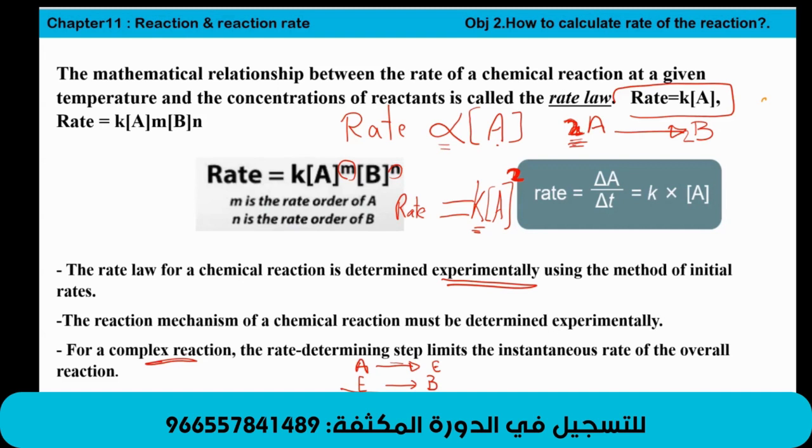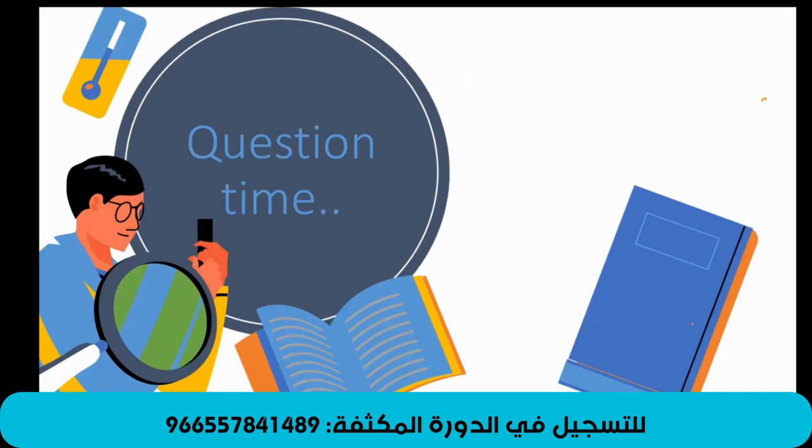We call this a complex reaction. There is always one step that is the rate determining step, which determines how fast or slow my complex reaction will be.